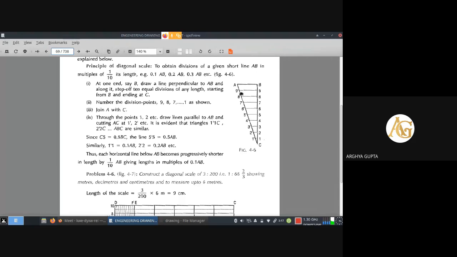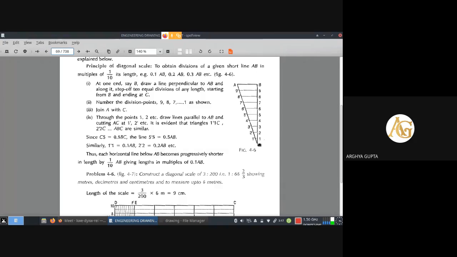So 9 to 9 dash will be 0.9, 8 dash is 0.8, 0.7, 0.6, 0.5, 0.4, 0.3, 0.2, and 0.1, and the C point is 0. As it is a point, it is 0. It is coinciding with B vertically, so that is 0.